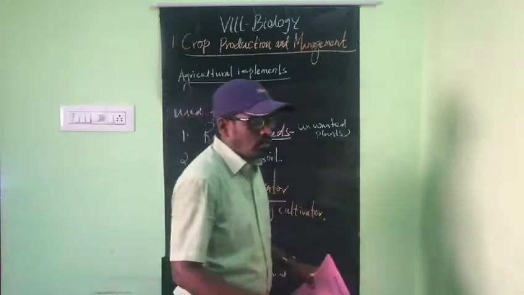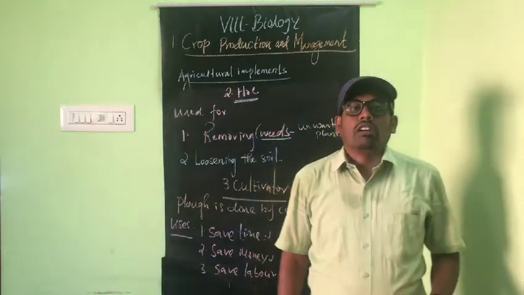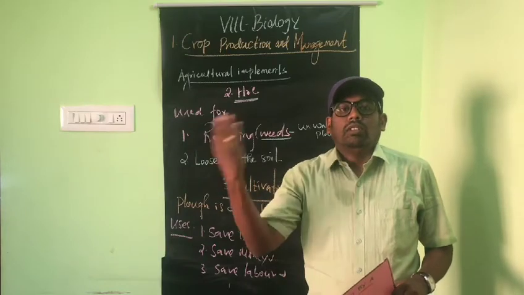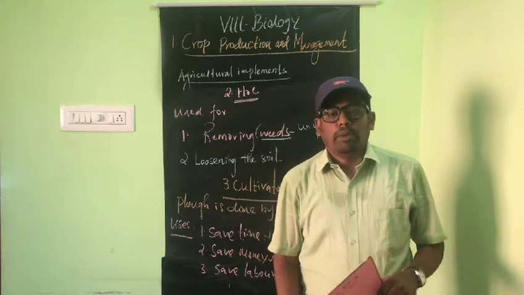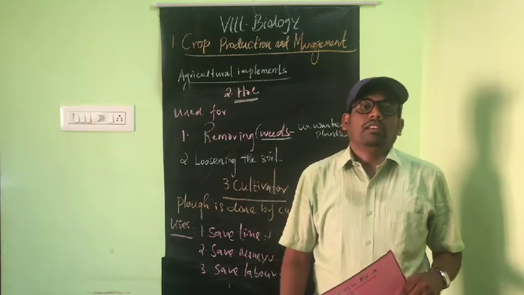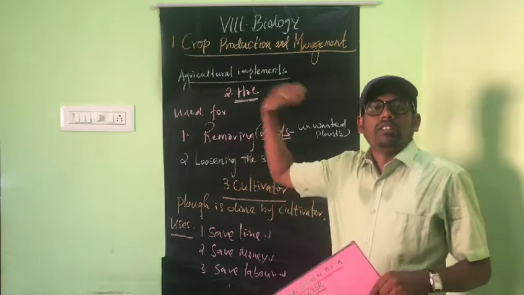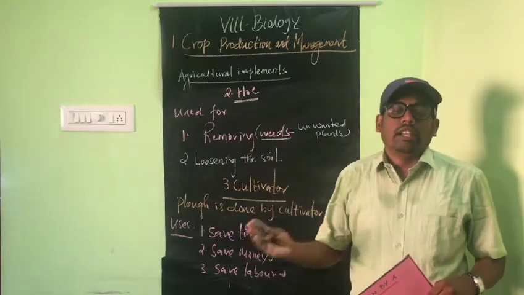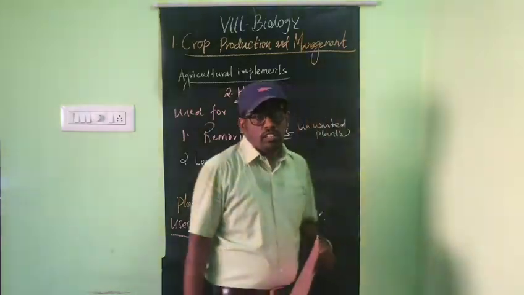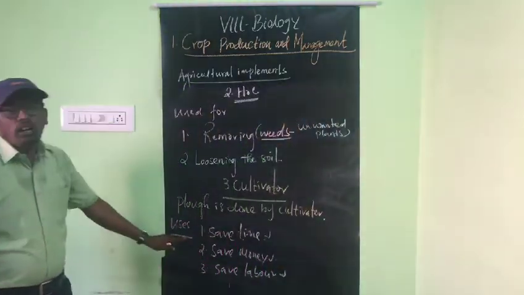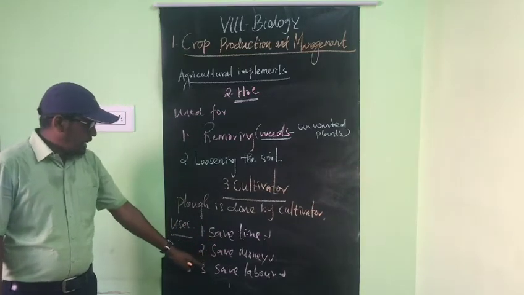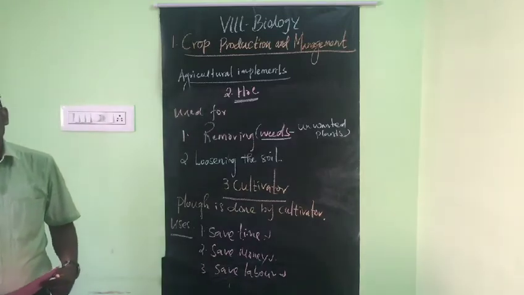Nowadays, for agriculture occupations, no laborers are available, as they have gone to other occupations like building construction and many others. Anyhow, the most important points are: save time, save money and save labor.